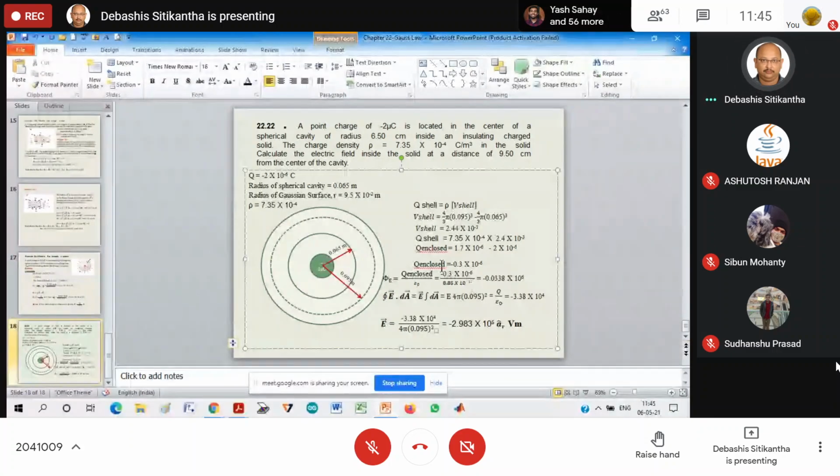That's correct. Multiplied with 7.35 into 10 to the power minus 4.